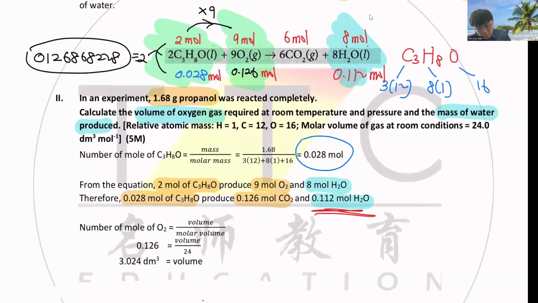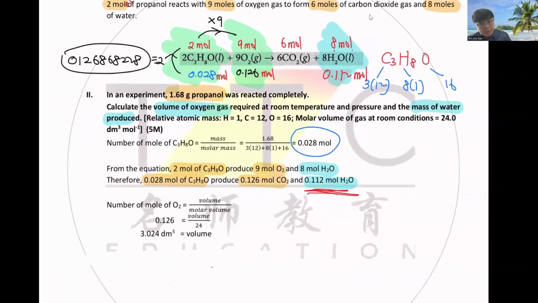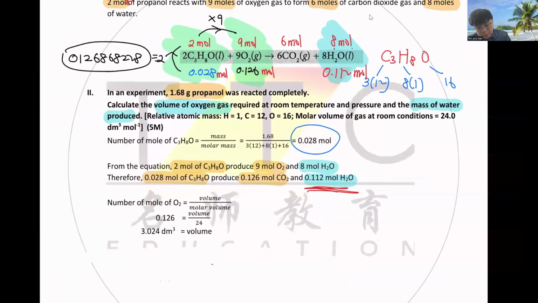Then same calculation again, you calculate out the mass. The ratio is just divide by 2 times 8 because the ratio is 2 to 8. So you divide by 2 to get 1 first, then times 8, you get the ratio.